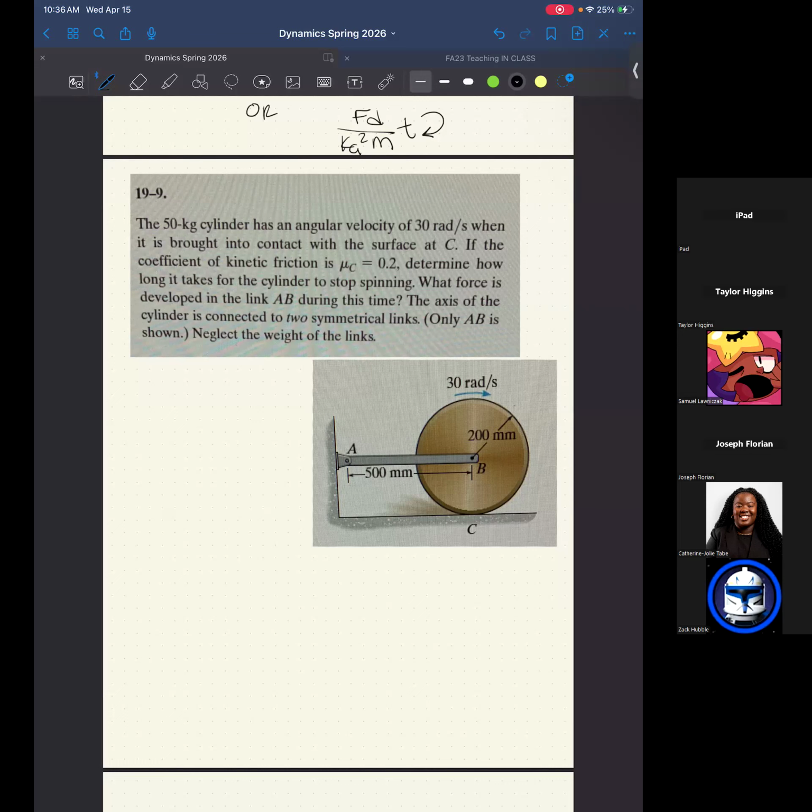It's pin joints at both A and B. Correct.